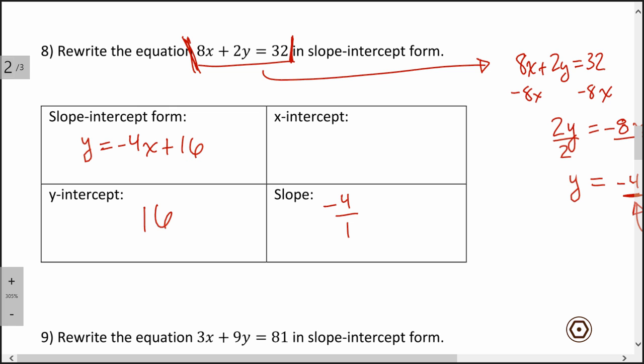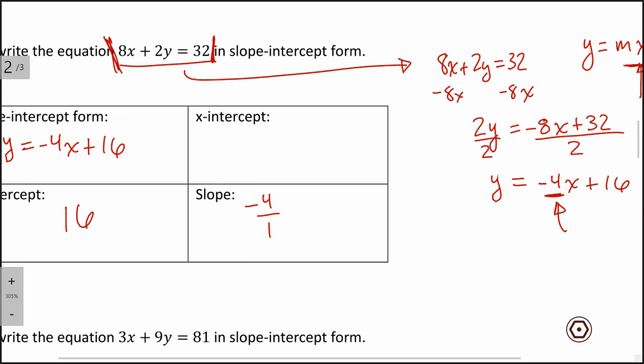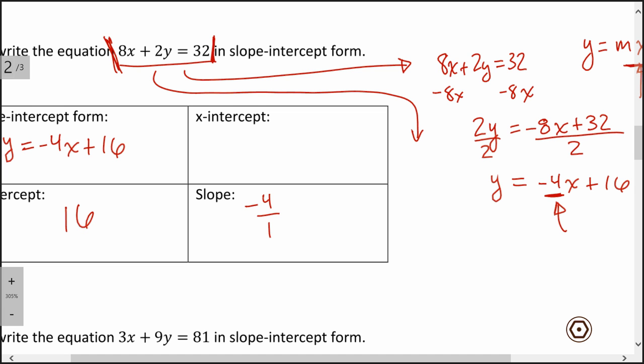Again, this coefficient of x is my slope, and when I'm in this form, the constant that's over on that other side is the y-intercept. If there is no constant on that side, if it's 0, then my y-intercept is at 0. Last question here says, I need to figure out the x-intercept. Well, I know x-intercepts occur when y equals 0. So one of the things I can do to find the x-intercept is bring my equation here and say, let's let y equal 0 because it's an x-intercept I'm looking for.